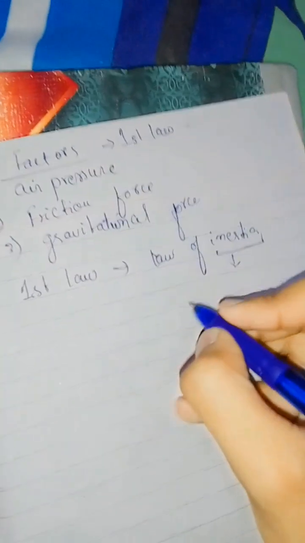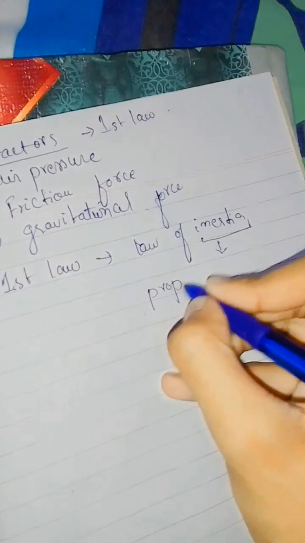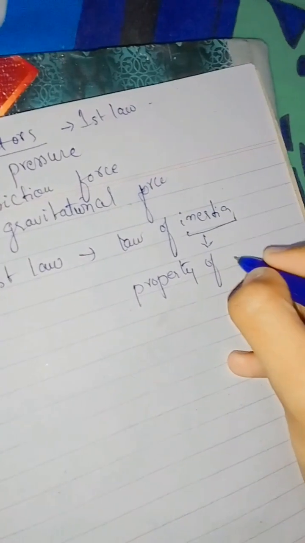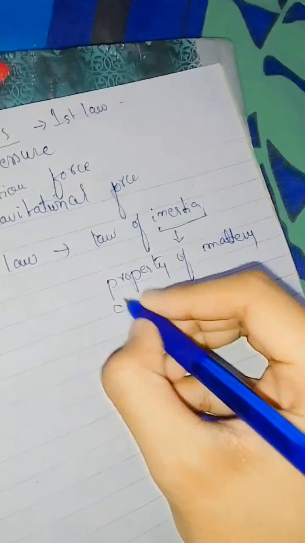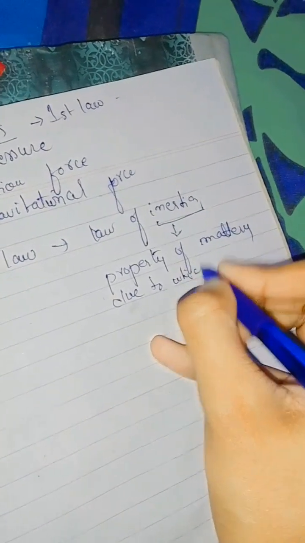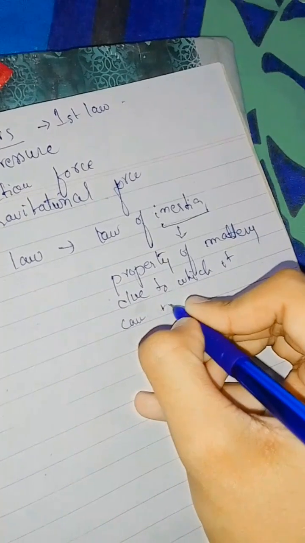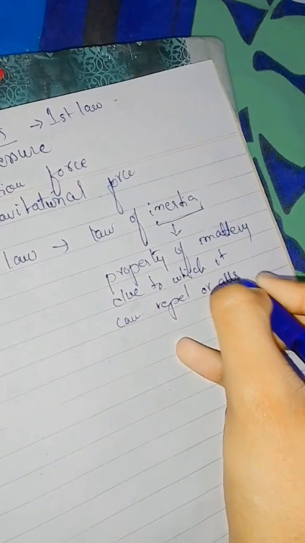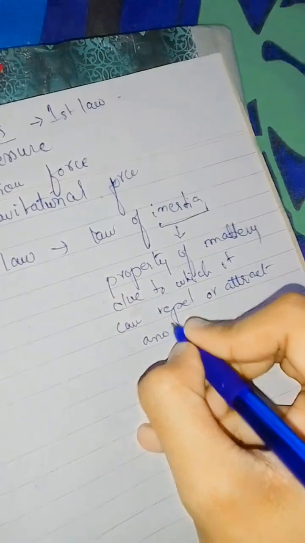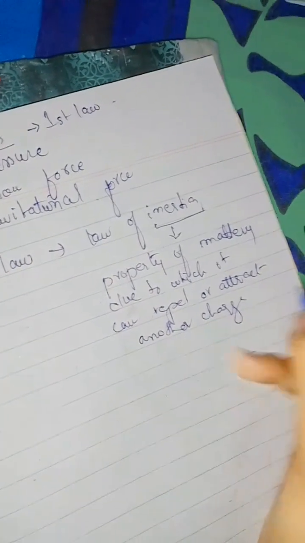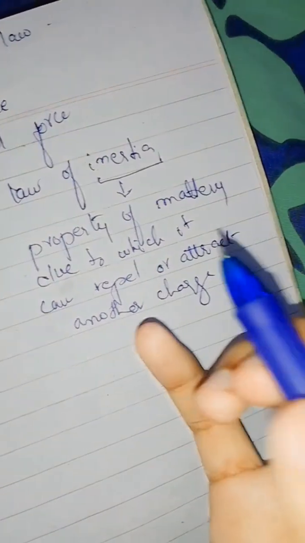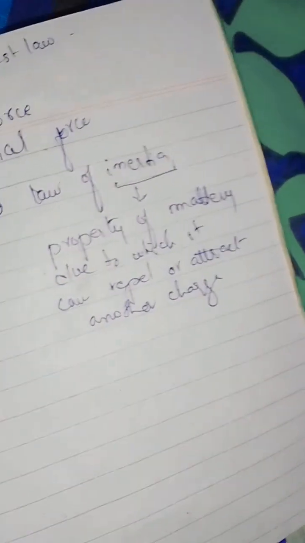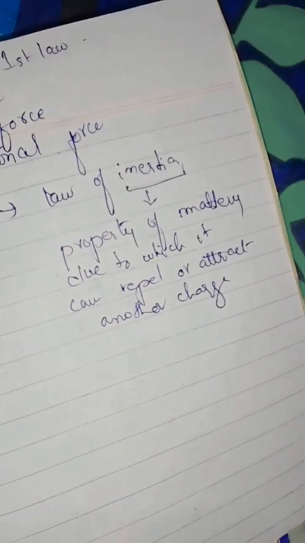Inertia is basically a property of matter, due to which it can attract or repel another charge. It depends on the mass. We can say it is a property of matter due to which it can repel or attract other charges.